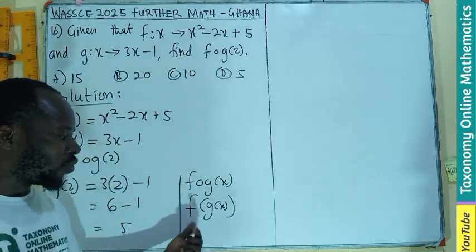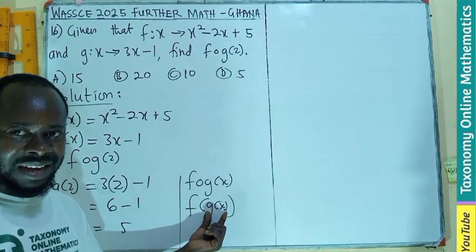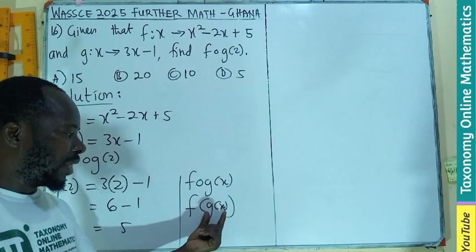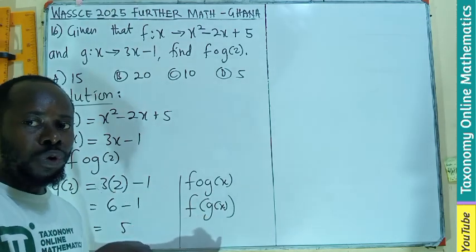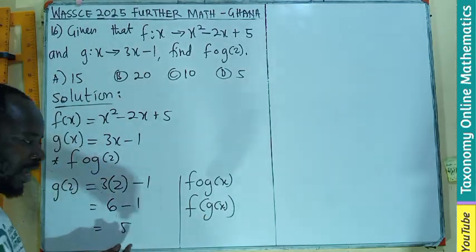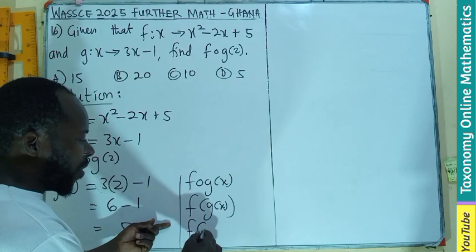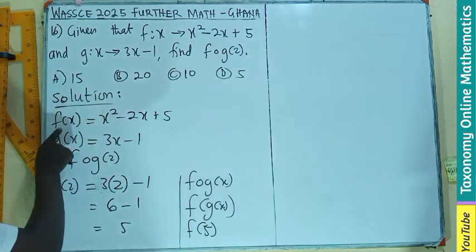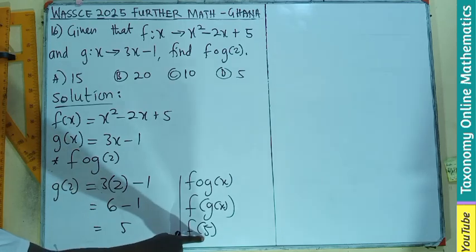Meaning the f function is no more going to be pregnant with x, but rather pregnant with the g of x. But now the g of x is also g of 2, which is now what? 5. Meaning it is going to be f of what? 5, if you understand what I'm saying. So that the x here will swap with 5.